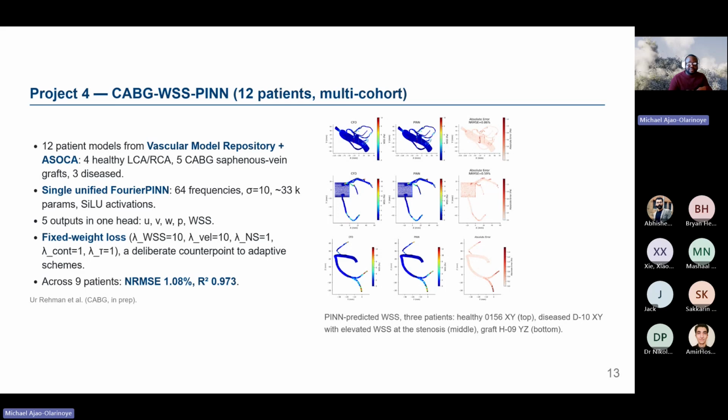But it meant that we had to manually decide to give more weight to the wall shear stress loss, the velocity loss, and sometimes the data loss. So it's just to see if we can get the specific losses in a fixed way to counter the adaptive loss weighing schemes I've been showing you.